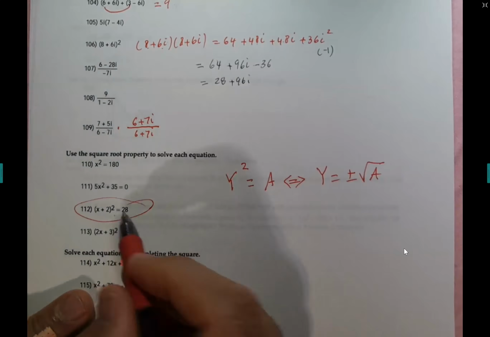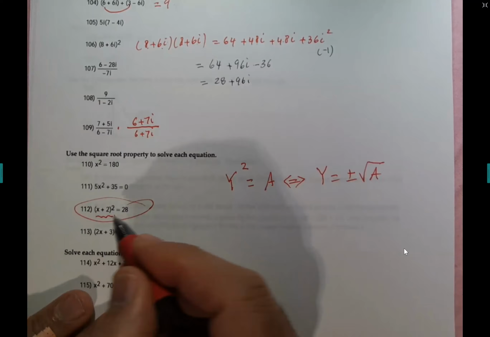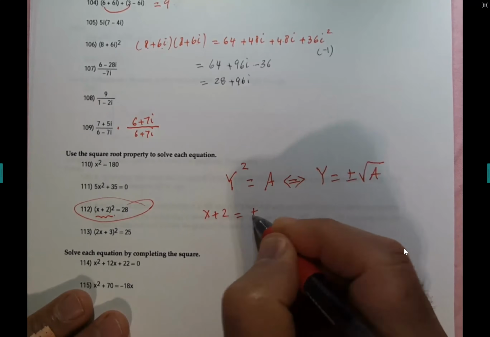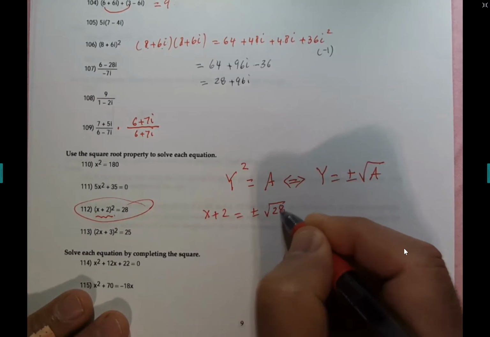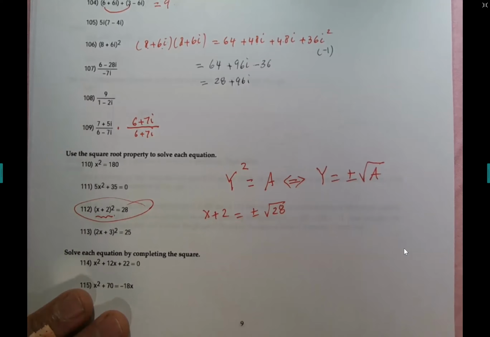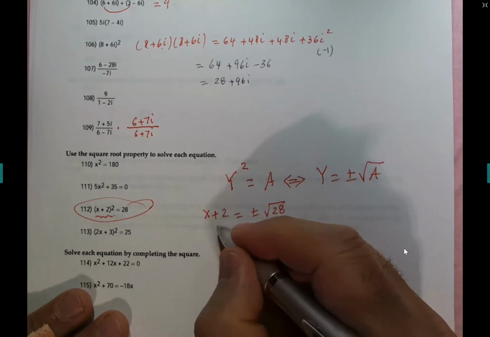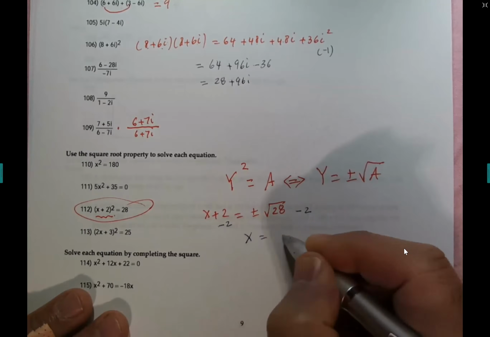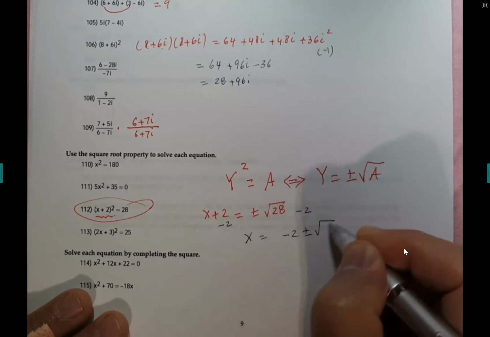So here, my y is x plus 2. So you can say x plus 2 equals plus or minus square root of 28. Well, we need to solve for x, so subtract 2 from both sides. So you get x equals -2 plus or minus square root of 28.